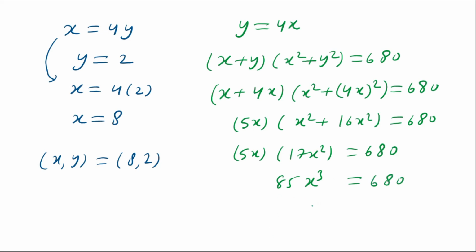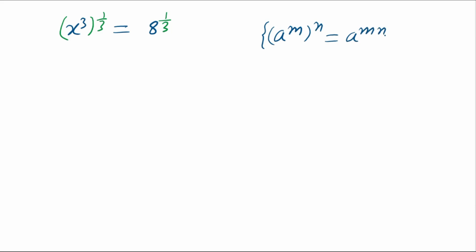Now divide both sides by 85, then you will get x cube is equal to 8. Now if we take both sides power 1 over 3, and here we will apply this rule, a power m bracket power n is equal to a power m times n.